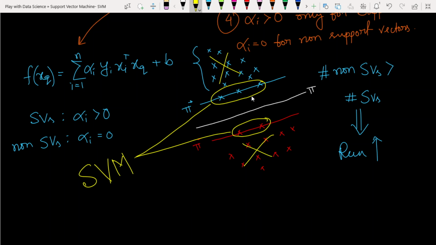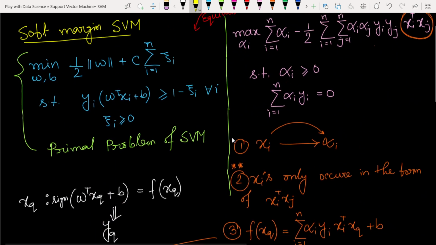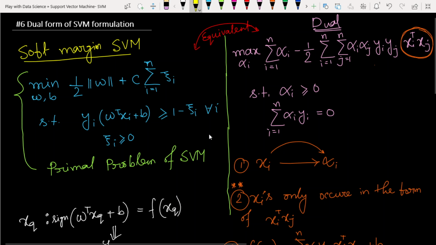Because of these reasons, this technique is so important in machine learning. I think this concept is clear to all of you, why this portion is so important.